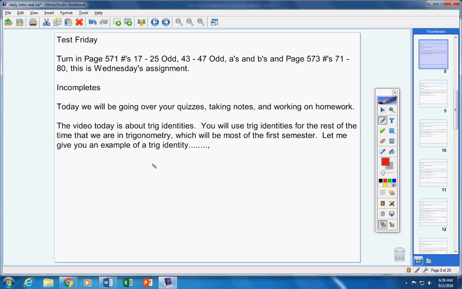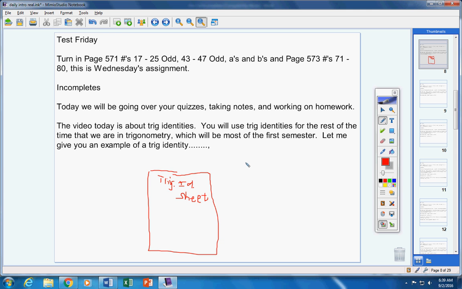First of all, you need to start now a trig identity sheet. I'm using the mouse, so this will be a little sloppy, but a trig identity cheat sheet. You're allowed to have these for tests and quizzes. I'm not going to ask you to memorize these because we're going to learn a lot of them.